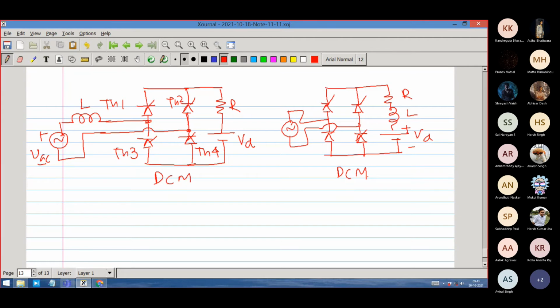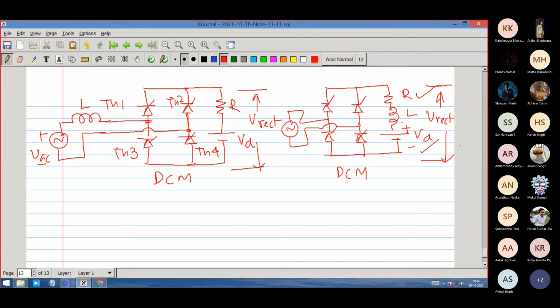Both are in DCM. In fact, if I ask you this question, R is decided, VD is decided. Keeping them the same, if I put the inductor from here to here, what difference will it make in the input current and in the Vrect voltage? Here now I will call this the Vrect voltage. I was calling this Vrect. In what way will these two make a difference?